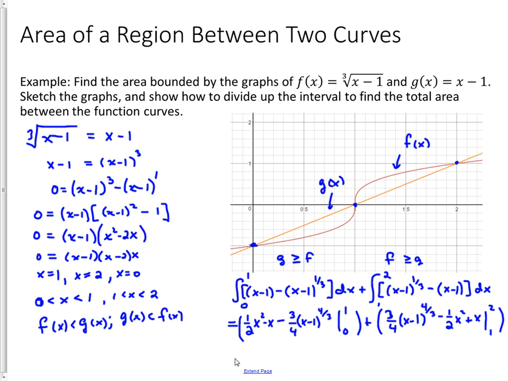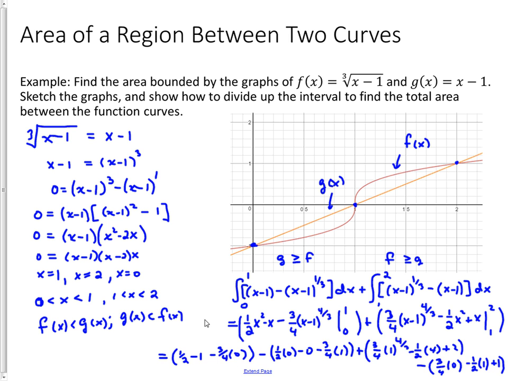Making some substitutions is going to reveal the following. We're going to have 1/2 times 1 squared minus 1 minus 3/4 of 1 minus 1 to the 4/3. Well, that's just 0. Minus 1/2 times 0 minus 0 minus 3/4 of negative 1 to the 4/3. That's positive 1.